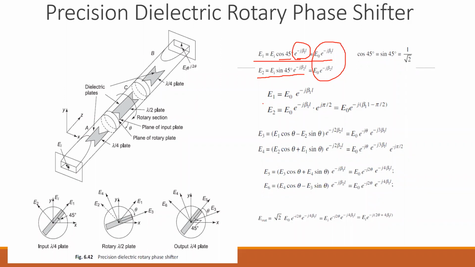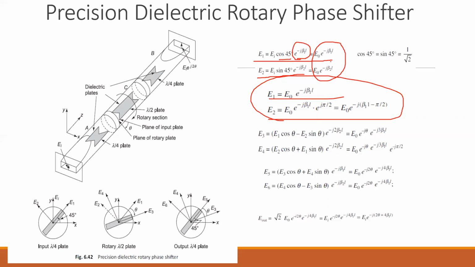When we consider the overall representation, we can observe that the fields E1 and E2 will be represented in this form, where E1 is E naught into e raised to minus j beta 1 into L, and E2 will be E naught into e raised to minus j, beta 1 into L minus pi by 2.